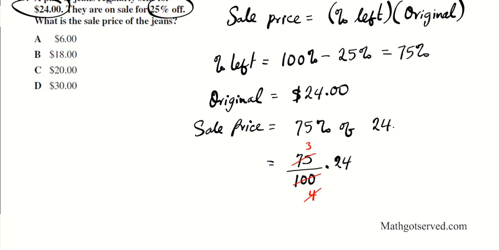So 4 goes into itself once, and 4 goes into 24 6 times. So multiply 3 times 6, we get 18. So $18 is the price after you have a 25% discount. So our answer to question 19 is B.